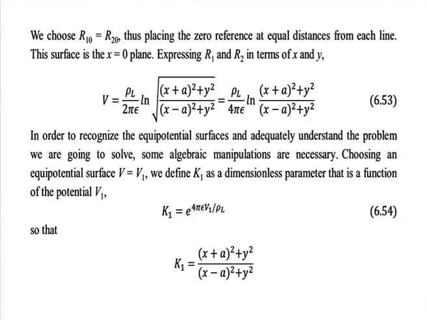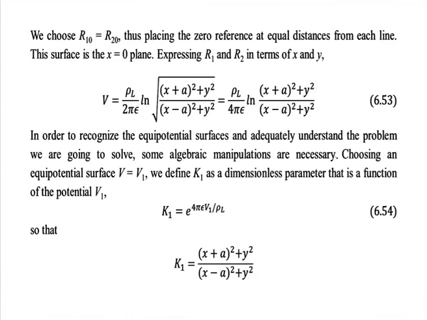Expressing r1 and r2 in terms of x and y, we get equation 6.53, where we have everything in terms of x and y. In order to recognize the equipotential surfaces and adequately understand the problem we are going to solve, some algebraic manipulations are required. We choose an equipotential surface V equal to V1 and define K1 as a dimensionless parameter, which is a function of potential V1.